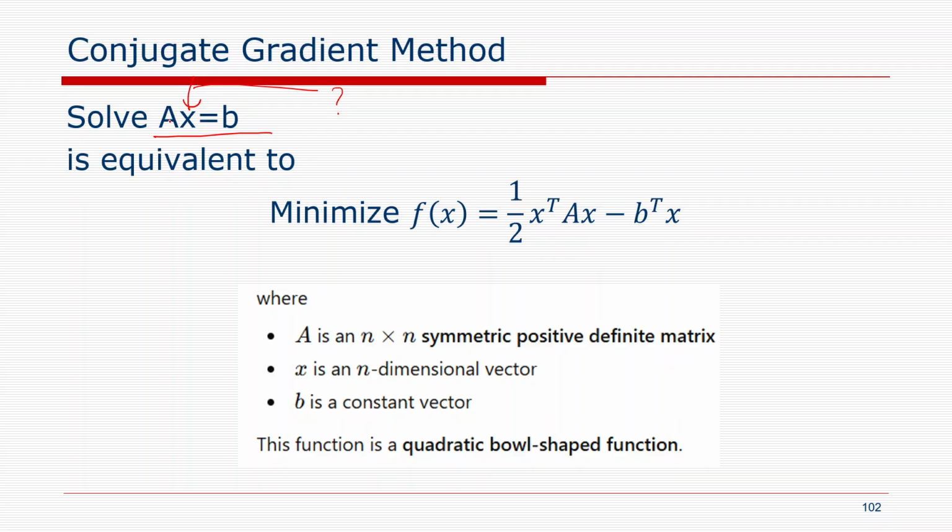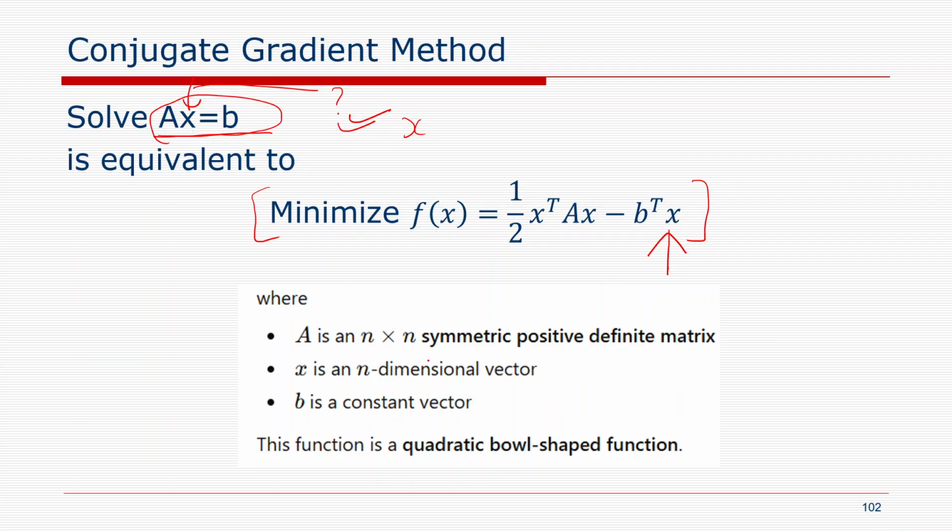Instead of solving this equation directly to find the value of X, we can go the other way around and minimize f of X equal to 1 by 2 X transpose A X minus b transpose X. Our objective is to find the value of X, but instead of directly solving Ax equal to b, we will minimize this function.